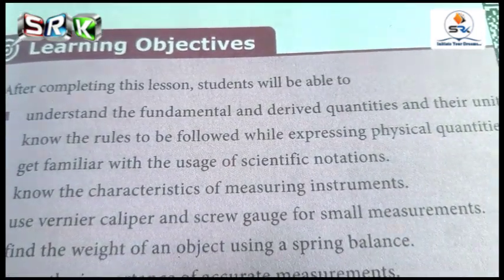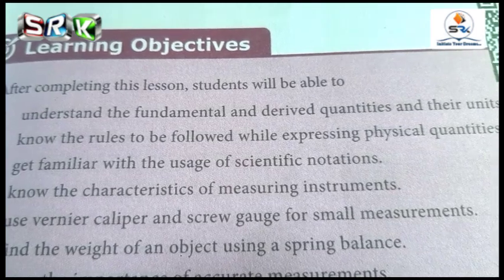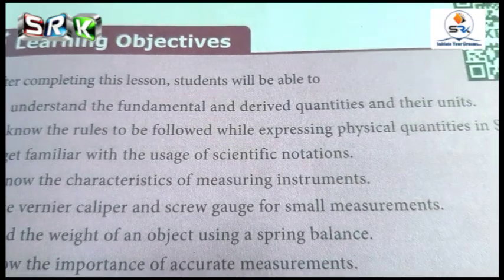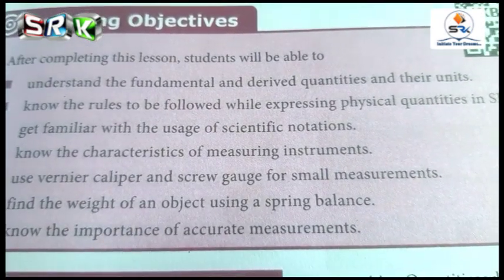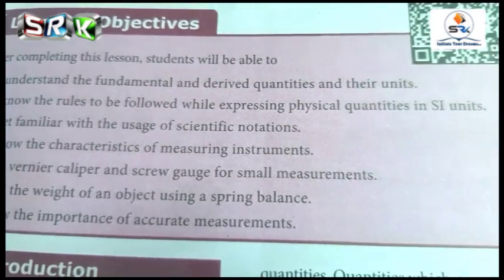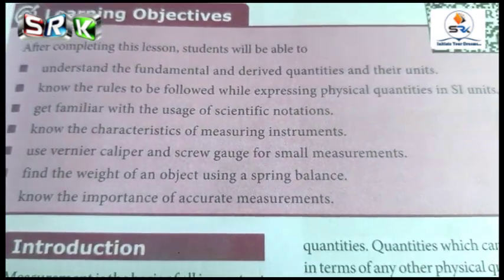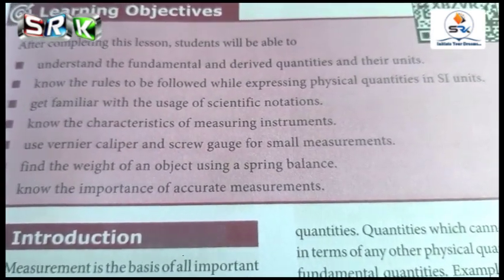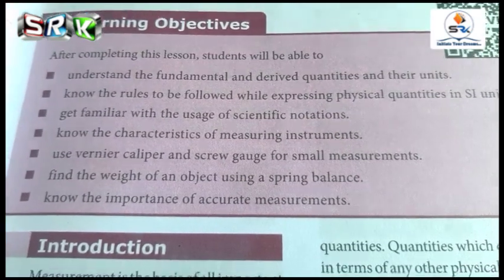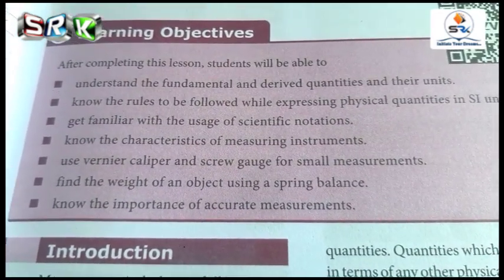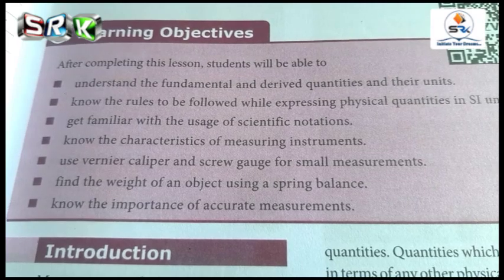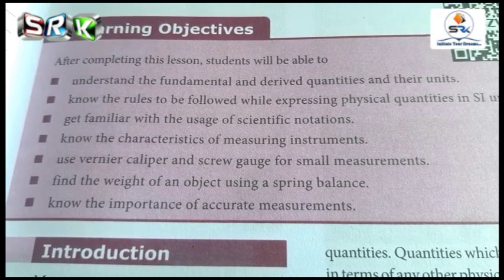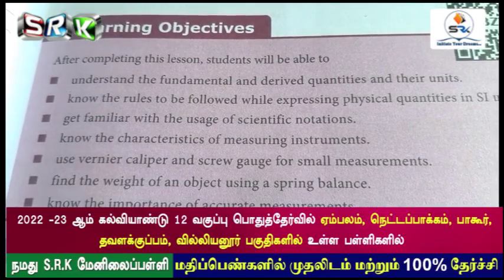After completing this lesson, students will be able to understand the fundamental and derived quantities and their units, know the rules to be followed while expressing the physical quantities in SI units, get familiar with the usage of scientific notation, know the characteristics of measuring instruments, use vernier caliper and screw gauge for small measurements, find the weight of an object using the spring balance, and know the importance of accurate measures.